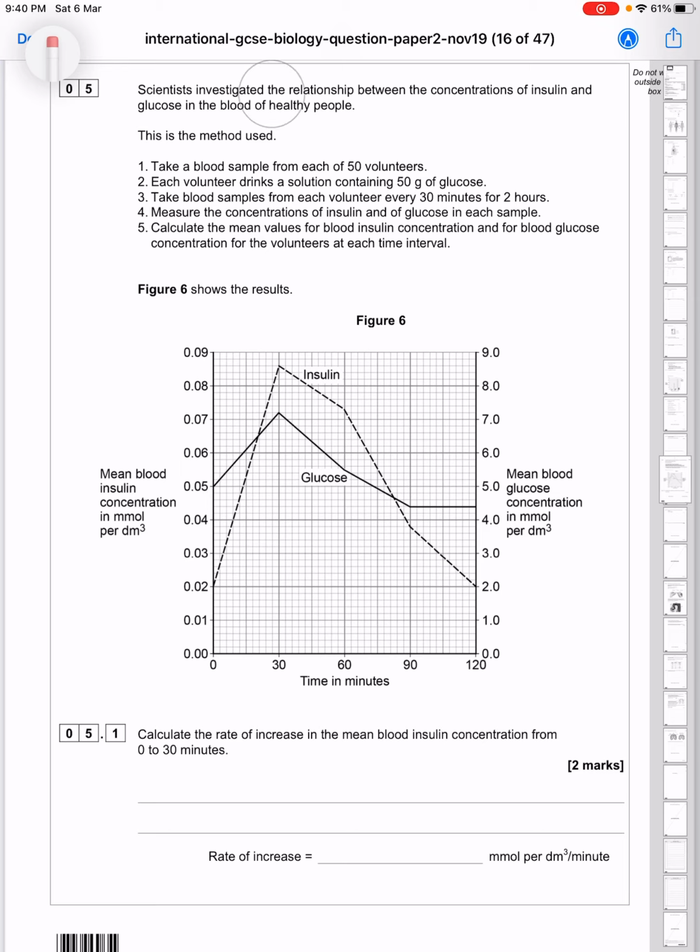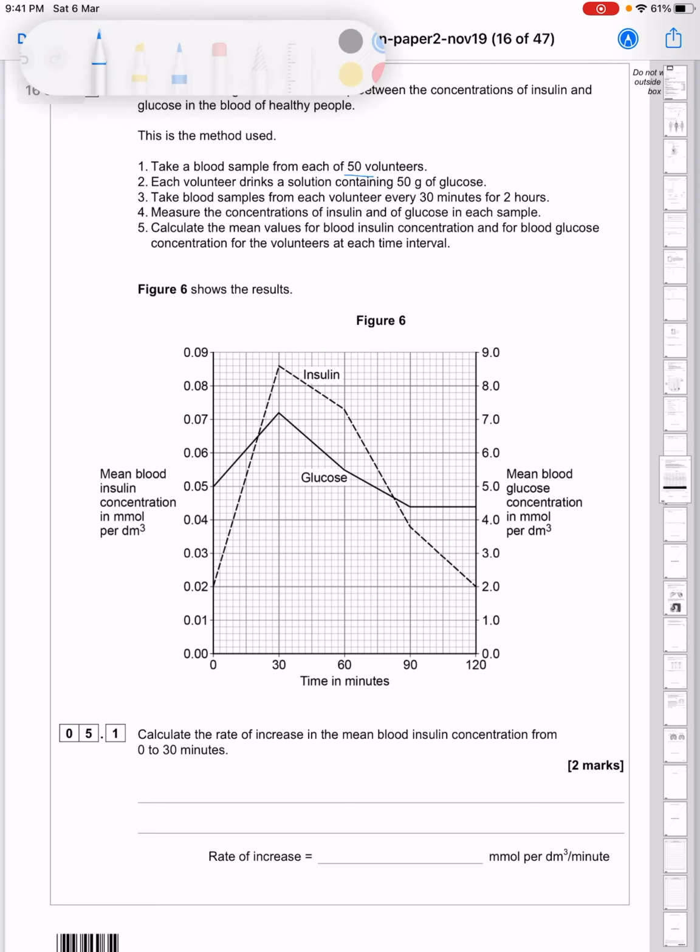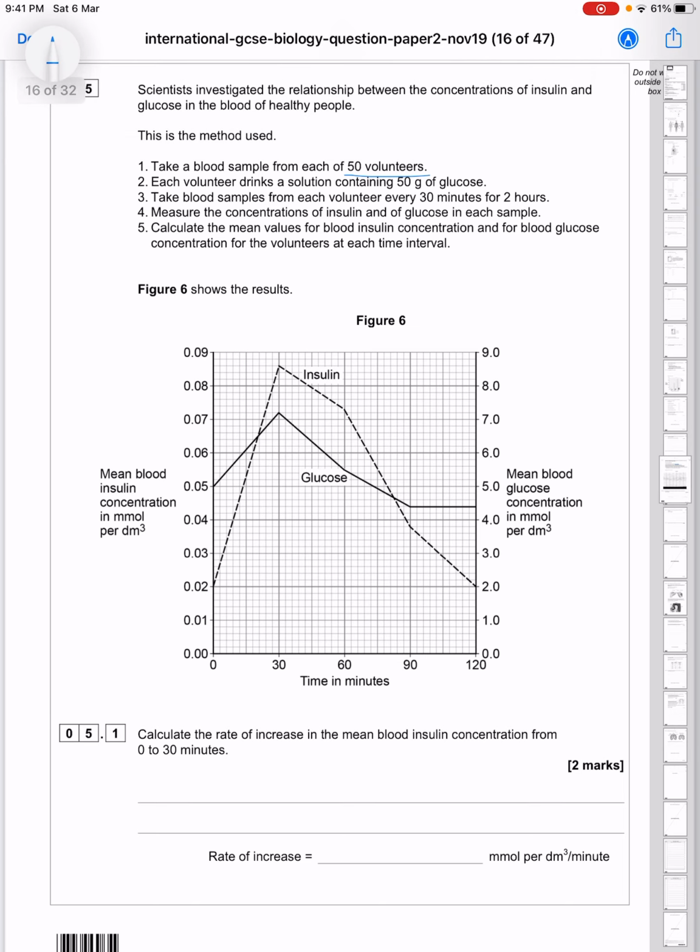Scientists investigated the relationship between the concentration of insulin and glucose in the blood of healthy people, and that was the method. They took a blood sample from 50 volunteers, so that is the number of volunteers used. Each volunteer drank a solution containing 50 grams of glucose, and then a blood sample was taken every 30 minutes for a period of 2 hours.